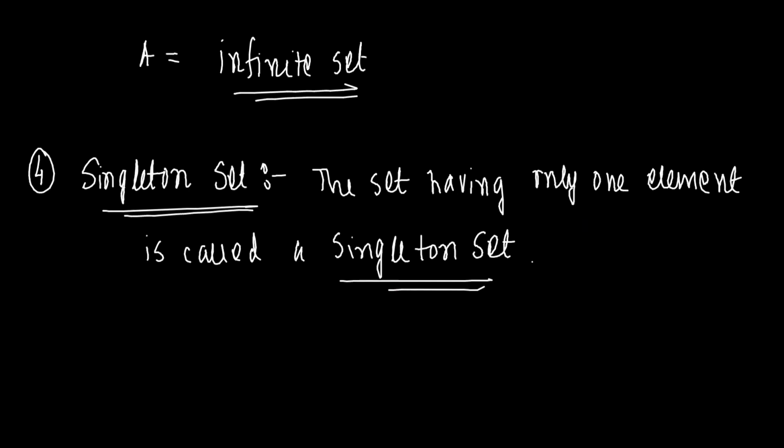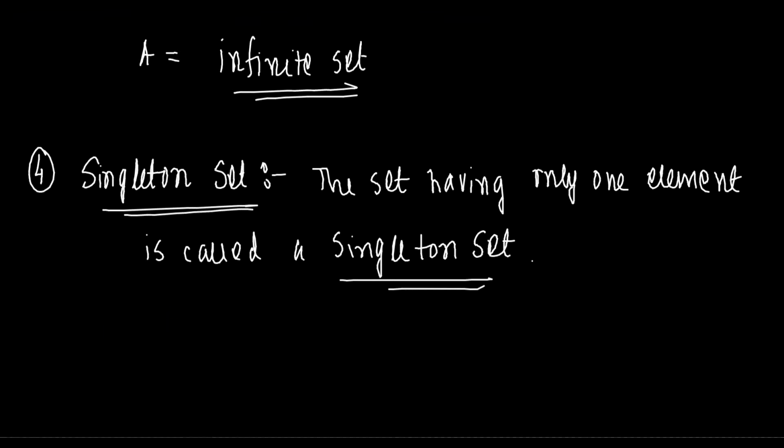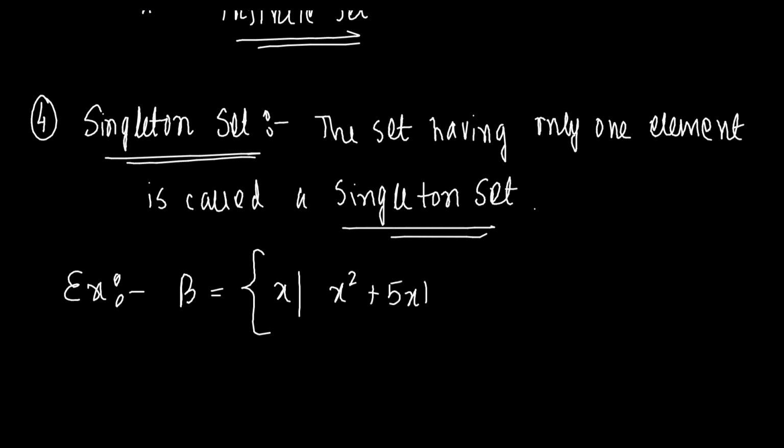Suppose, for example, you can write here also that singleton set means the number of elements present inside a set is one. Suppose an example is taken: a set, capital B, where x is such that the values of x satisfy this condition, and a condition is given that x is greater than -3.